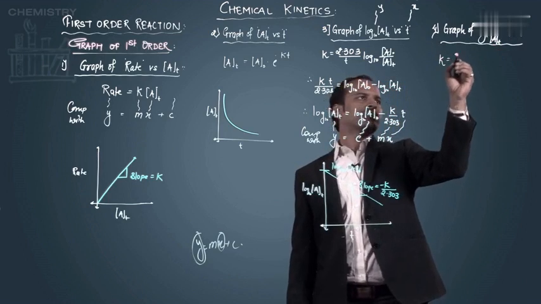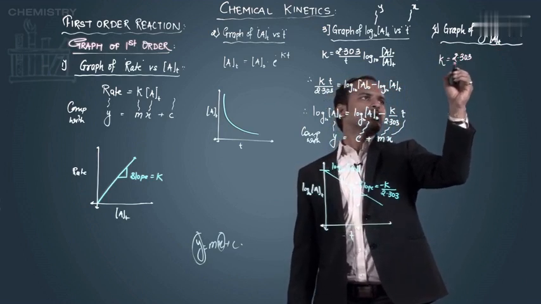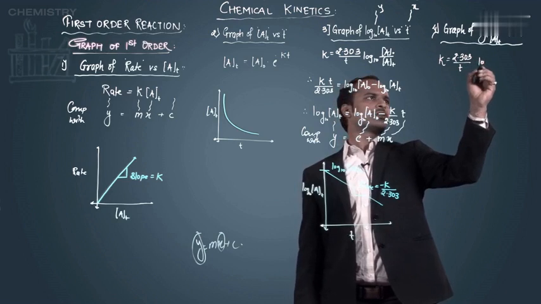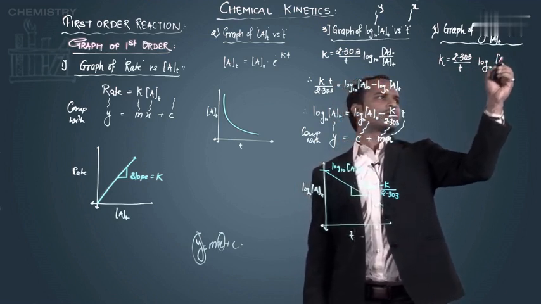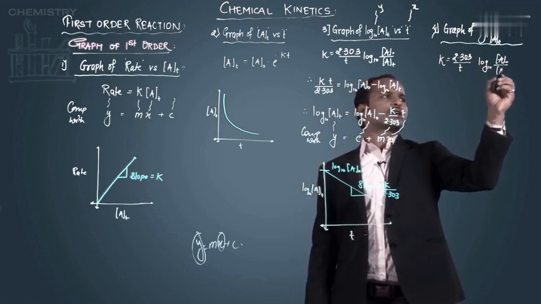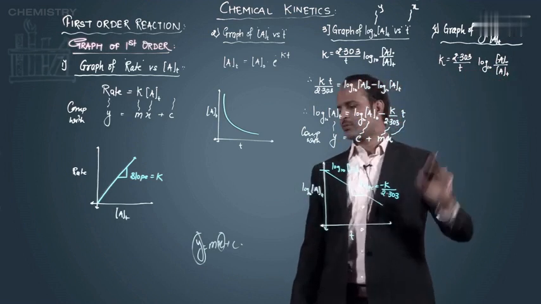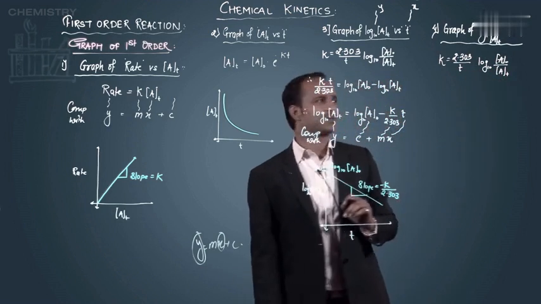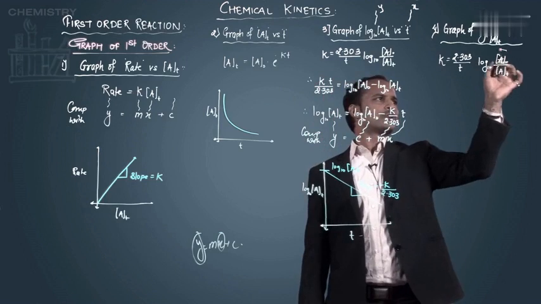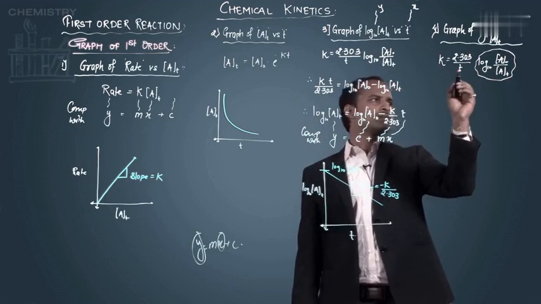So we have a formula which relates both the terms, that is k upon 2.303 log to the base 10 a naught upon at. Again, try to convert this whole formula into the format of y is equal to mx plus c. Now this is going to be on the y-axis and this is on the x-axis.